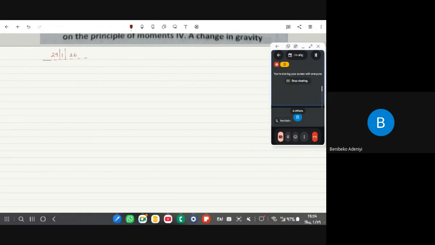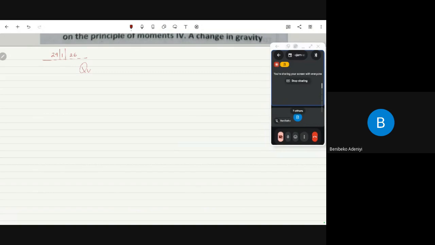We are going to look at scalar and vector quantity, like I said. You guys will probably notice something about quantities. We are still talking about quantities.